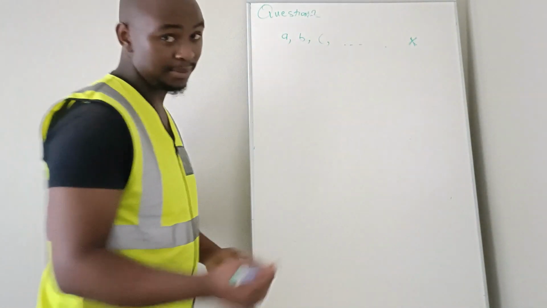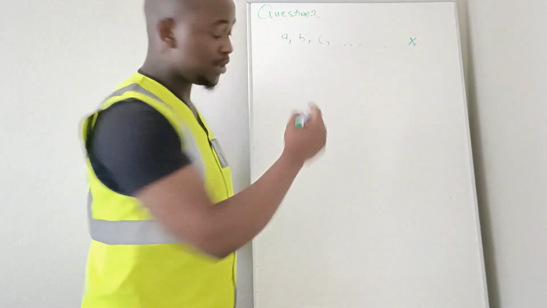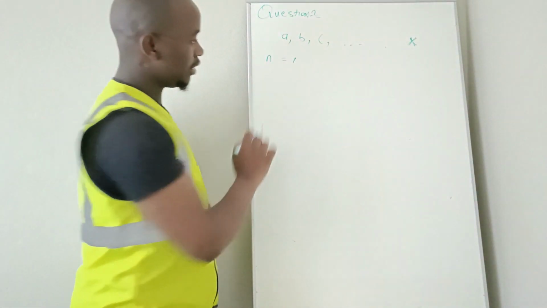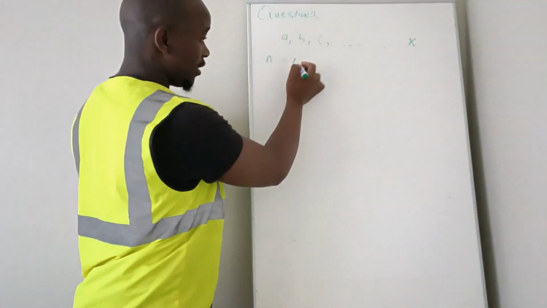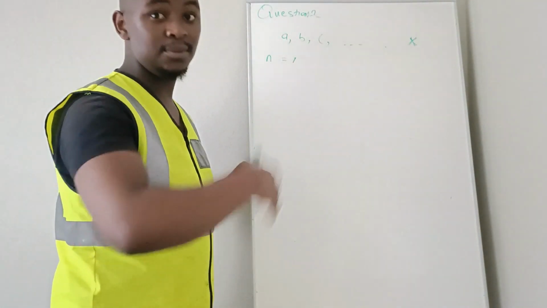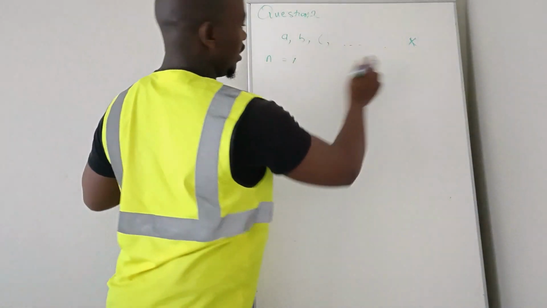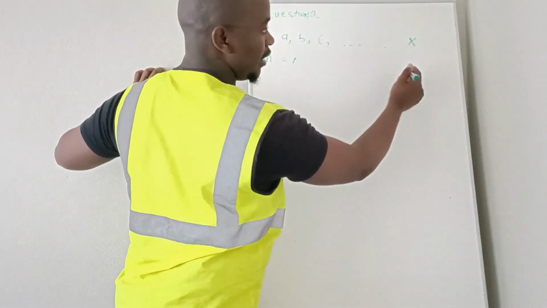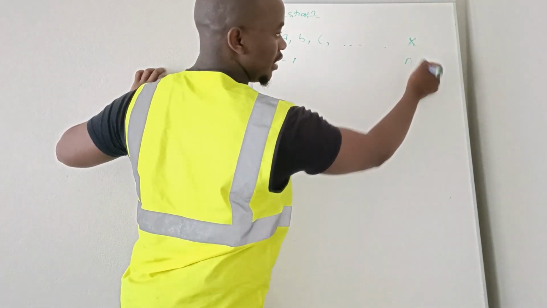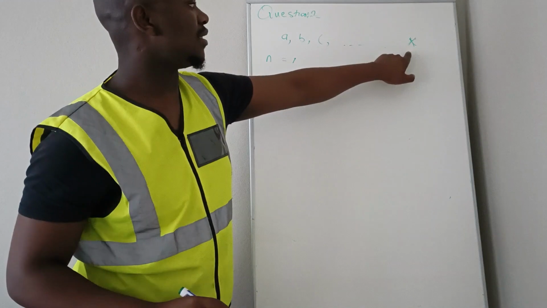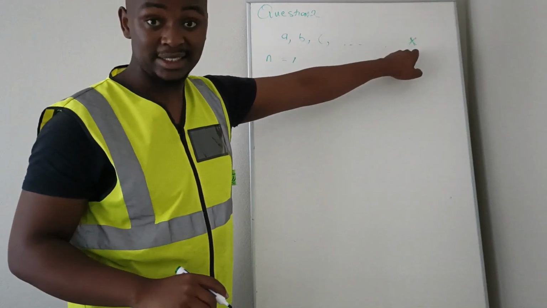What is term? Term, we normally denote it as n. So when n is equal to 1, that is the first term. When it's equal to 2, it's the second term. When it's equal to the value that we know, let's say x, or we say n. So x is the value that is in that term.